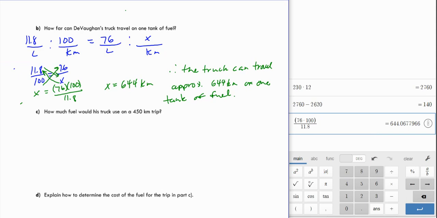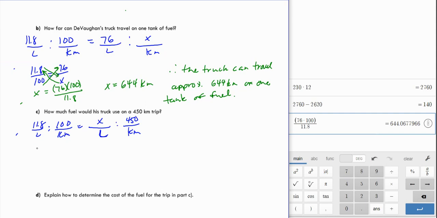Well, again, we're going to use the fuel efficiency rating. So again, we have this rating of 11.8 to 100 kilometers. In this case, now we know the kilometers at 450, but we don't know how many liters it will take.